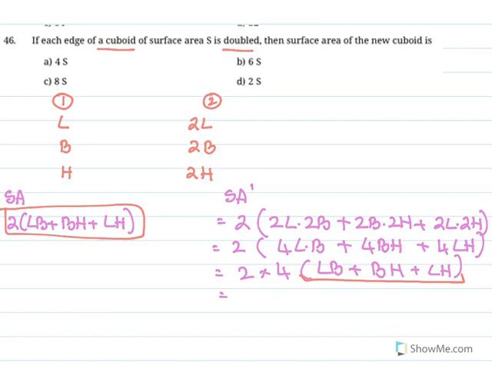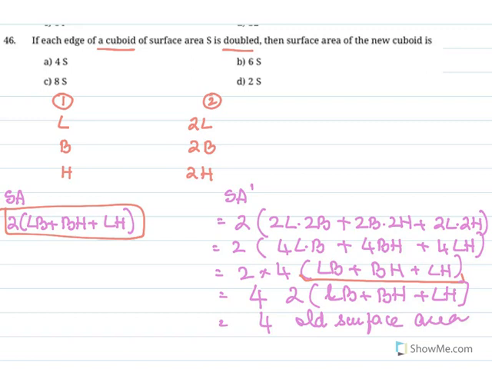So in fact we have to put 4 only here. This is 4 into 2 length breadth, breadth height and length height. So this is 4 times the old surface area. So it increases 4 times. So the right answer is 4s, equal to 4 into s, where this is the old surface area s.